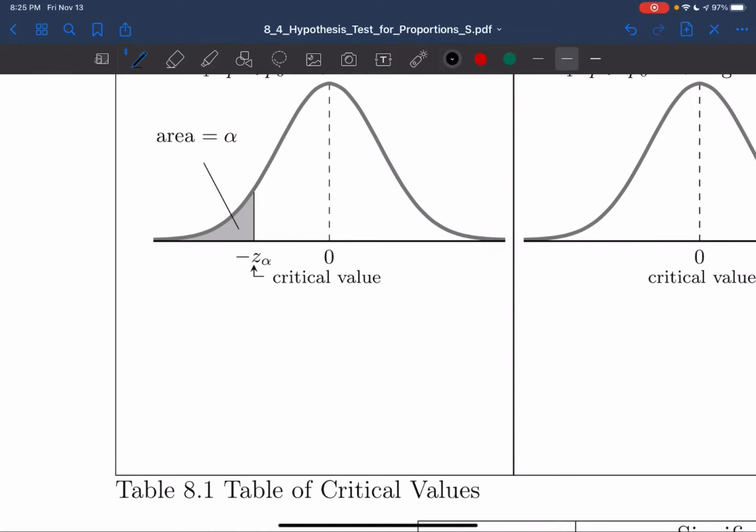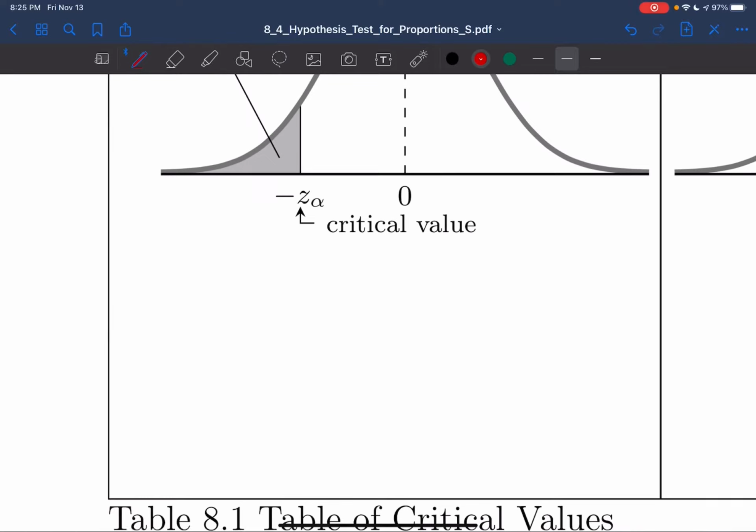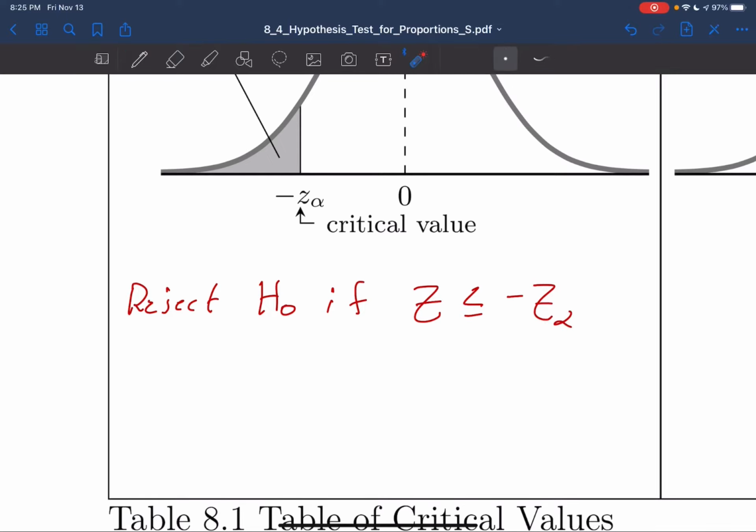We reject our null hypothesis if our test statistic z is less than or equal to negative z sub alpha. Again, negative z sub alpha is just our critical value.